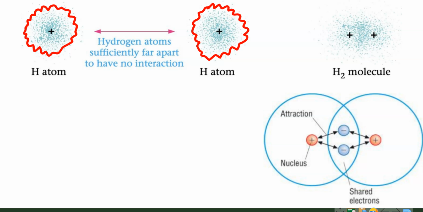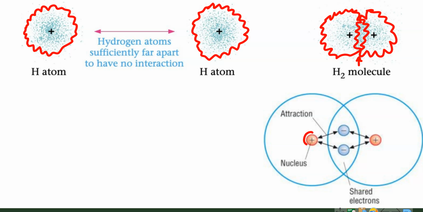However, as we push them together, their electron clouds actually begin to overlap, and that is the attraction between them. What's happening is the nucleus of one atom is attracting the electrons of another atom, so you get this kind of tug of war between the two nuclei. This is called a covalent bond.